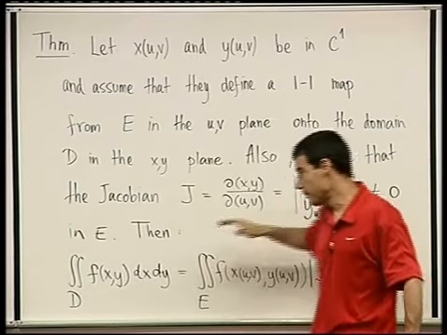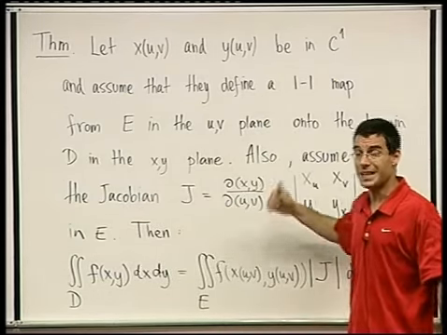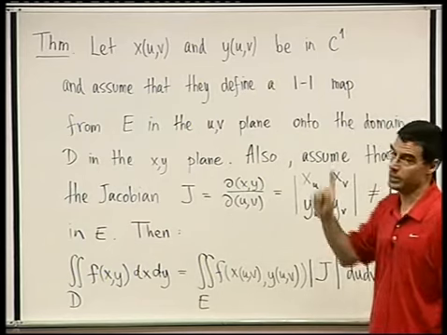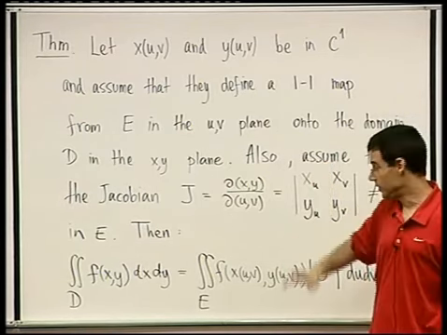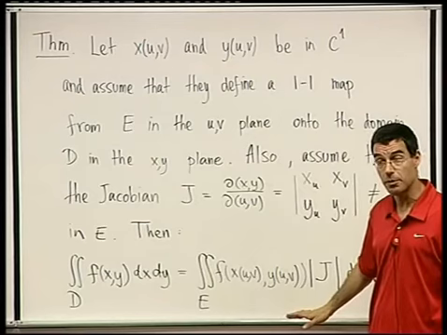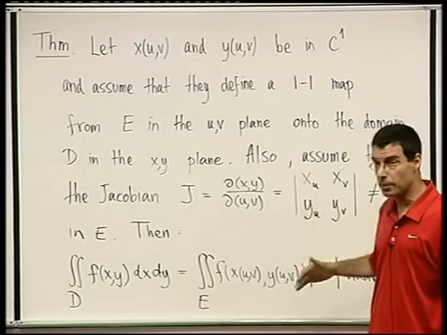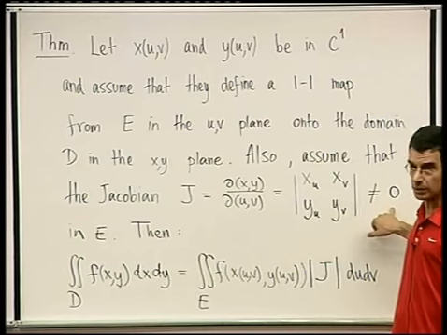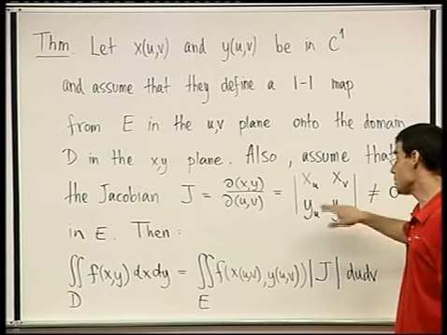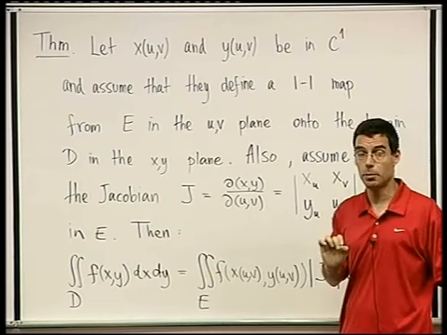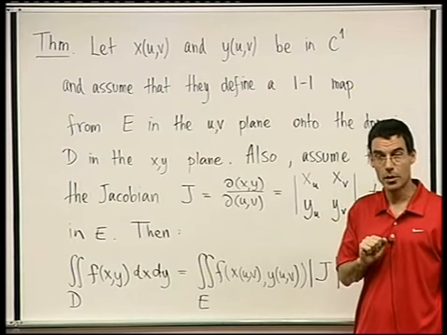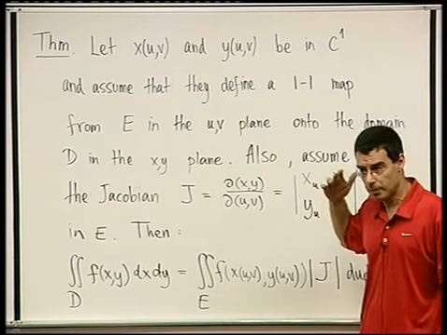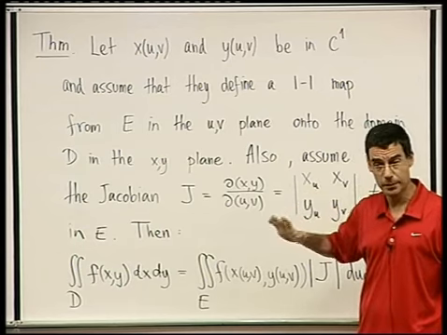However, remember that we had a remark that we can allow the Jacobian to be 0 at a single point. That doesn't collapse the theorem. So this change of variables would work even if we're looking at a domain that does include the origin, because then the Jacobian would be 0 only at a single point, and that's okay. It's not relevant to this example, but it's relevant in general.